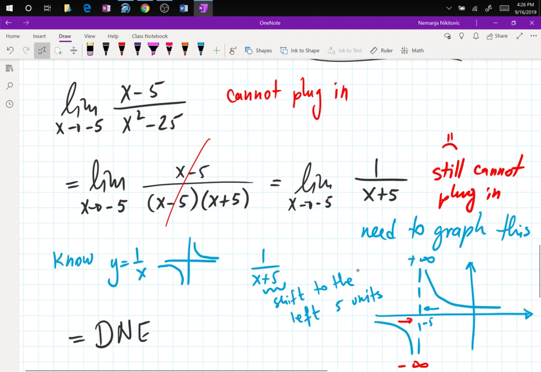In this example, no. We had to work harder, and since we had this situation where you can't proceed anymore with algebra, we had to go back to the primitive ways, which is graphs and charts, whatever makes you happy. Graphs are much faster if you know how to graph. If you don't know how to graph, then you will be picking values, working out the chart to figure things out. So in this case, right, limit does not exist.